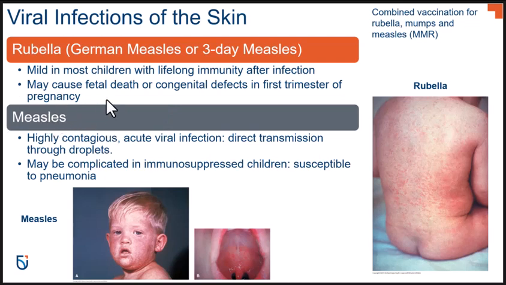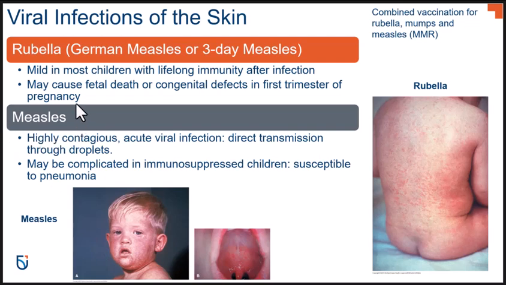Now looking at measles. This is different than German measles or 3-day measles, which is rubella. Measles is a highly contagious, acute viral infection that can spread directly through droplets. In many cases, when somebody is infected with measles, they will come out of it okay, but it can be complicated in those that are immunosuppressed, especially in children that are susceptible to developing pneumonia, as measles can lead to pneumonia, and if that child can't recover from the pneumonia, then it can be life-threatening.